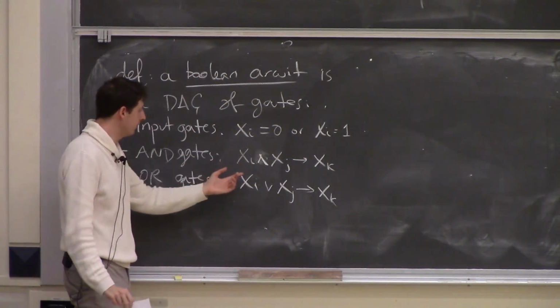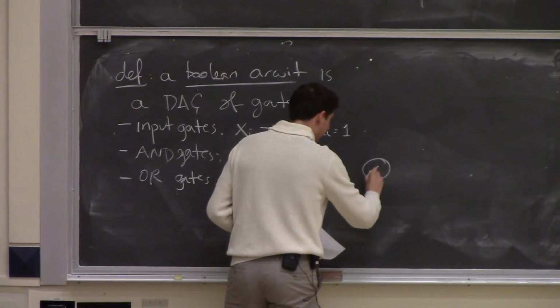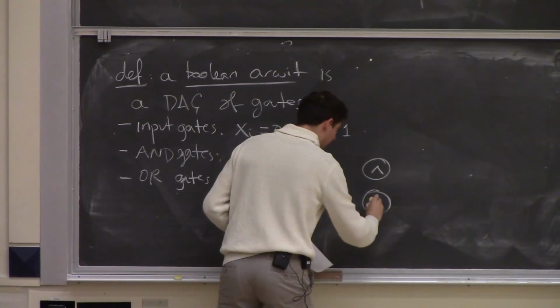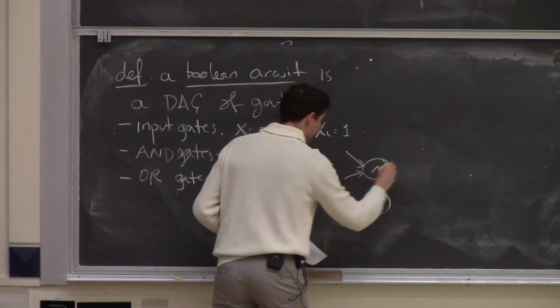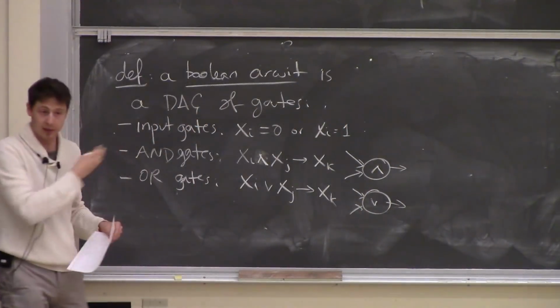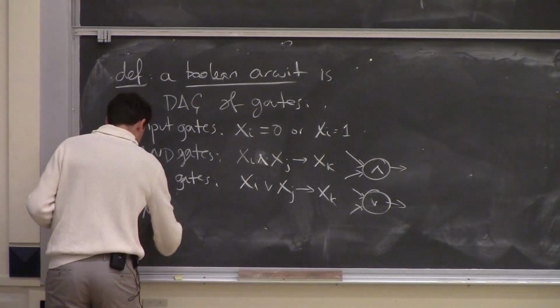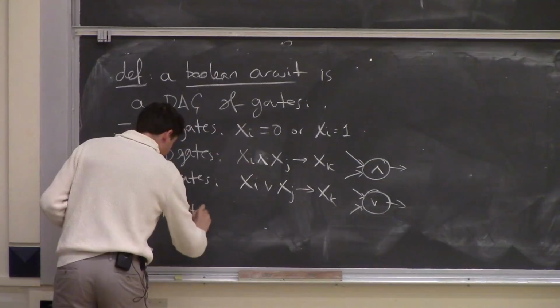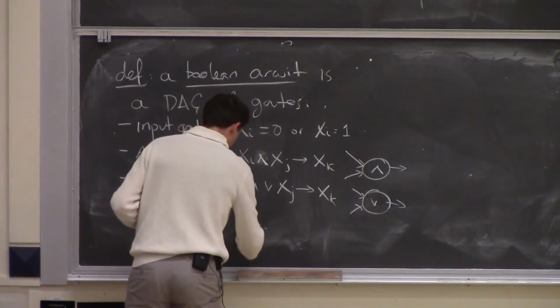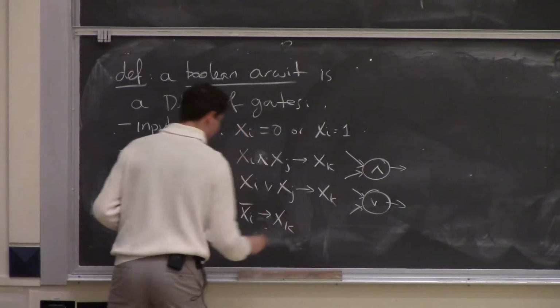This is just saying that there's a node, right? And the node in the graph tells you what type of gate it is, and it receives wires, right? And the wires are what you're computing. That's why I'm talking about a directed acyclic graph, right? And you have NOT gates, which says that NOT x_i goes to x_k, okay?